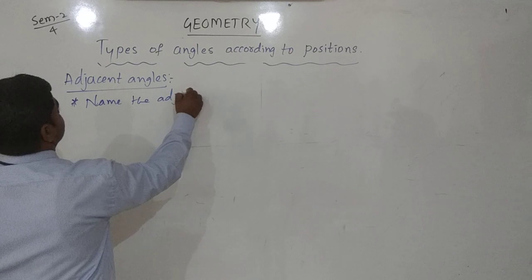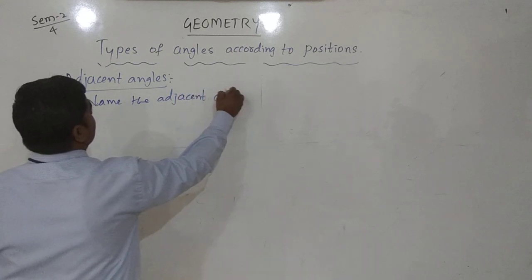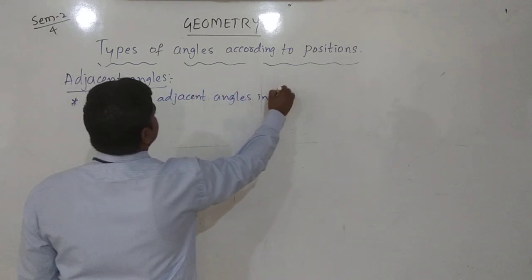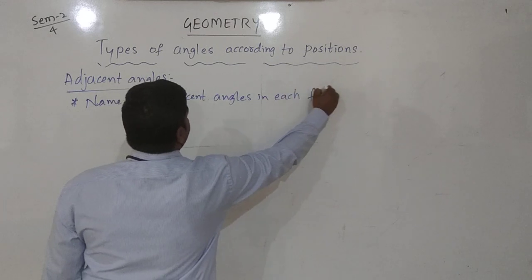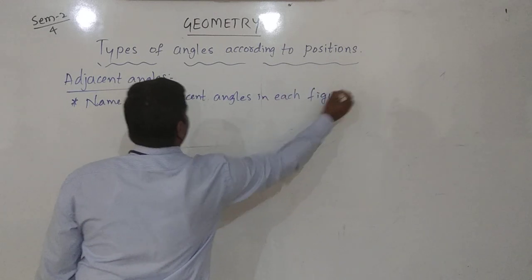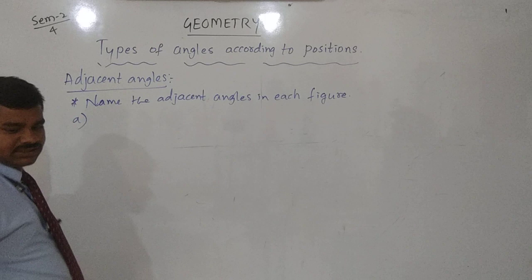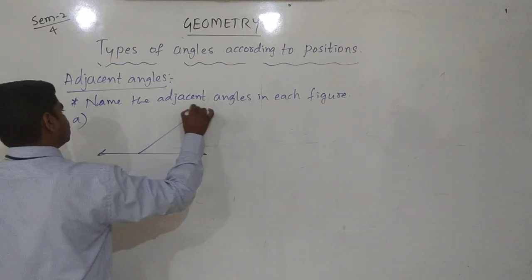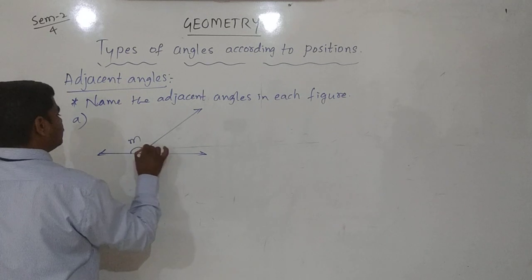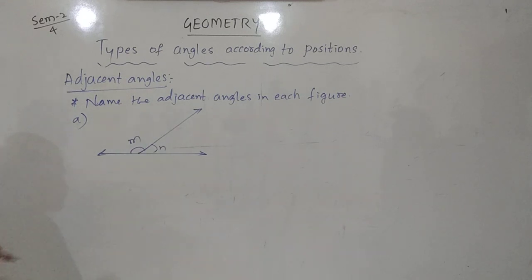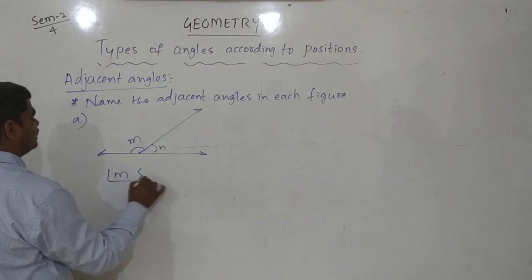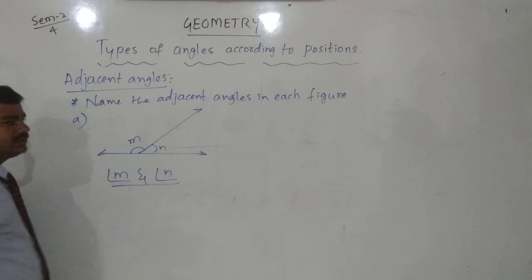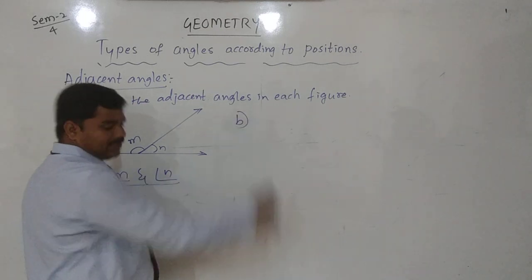Very simple. A, the figure is, this is M, this is angle N. Then name the adjacent angles: angle M and angle N are adjacent. B. Yes.